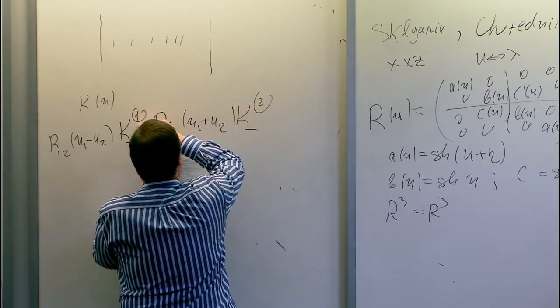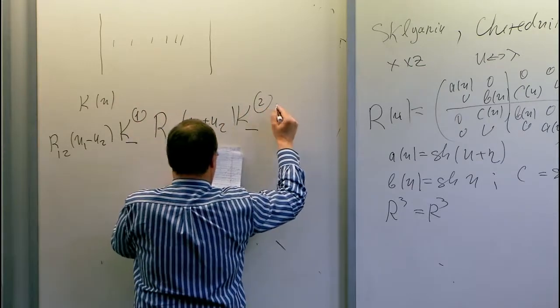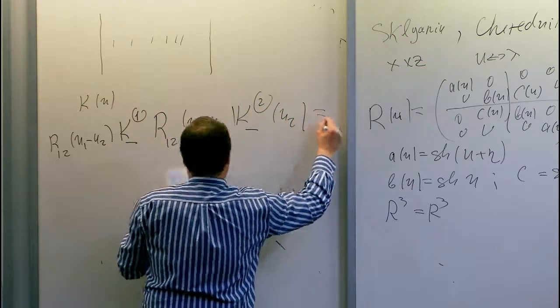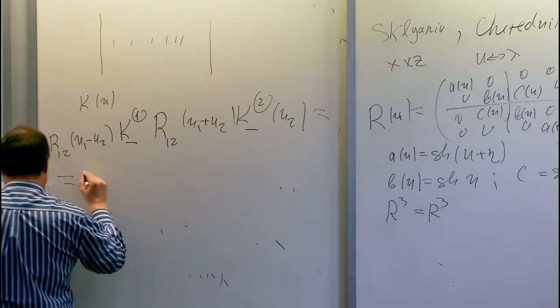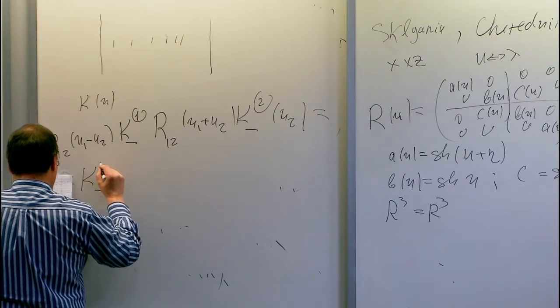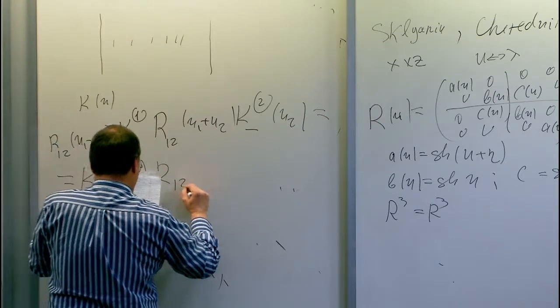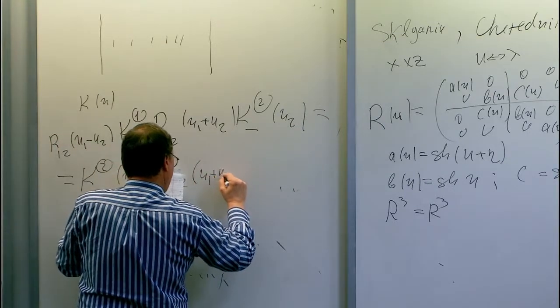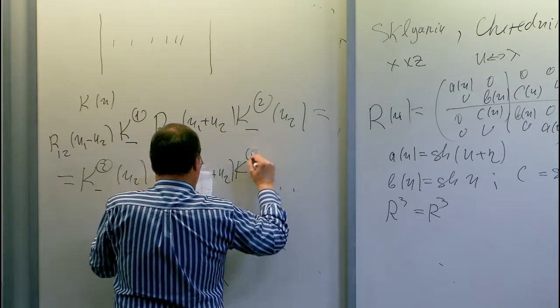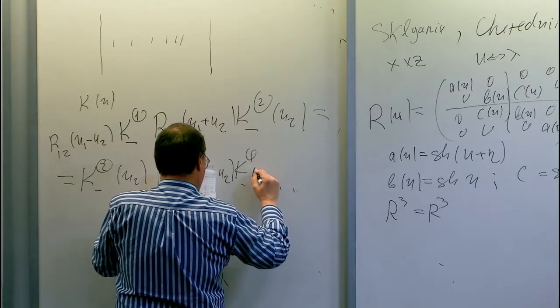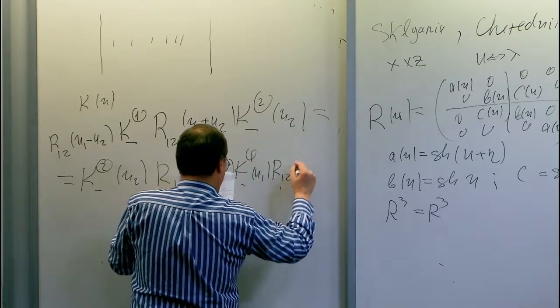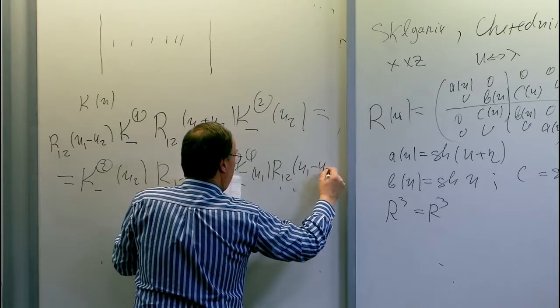This is one auxiliary space, another auxiliary space, u2. And this is supposed to be equal to K minus u2 R12 K1 minus u1 R12. It's called a reflection algebra.